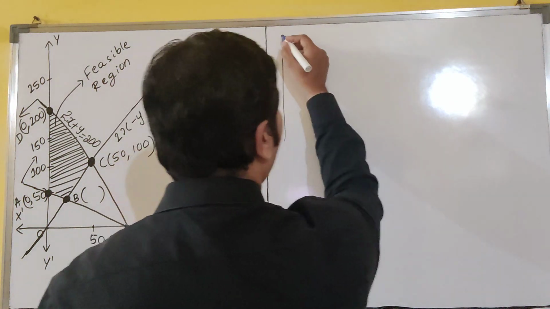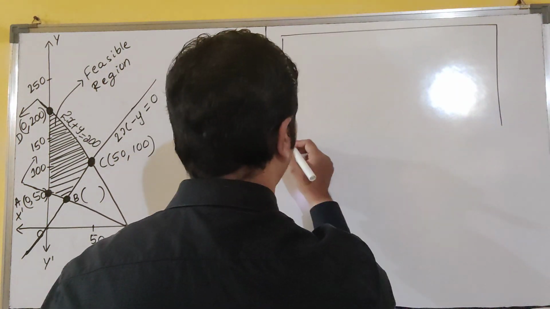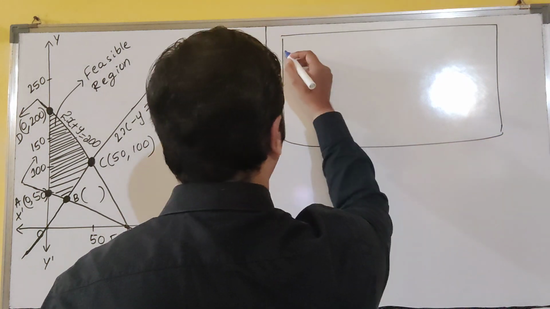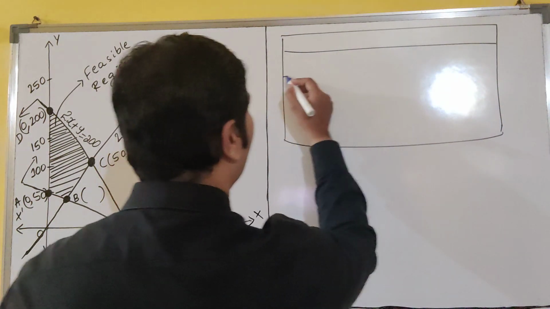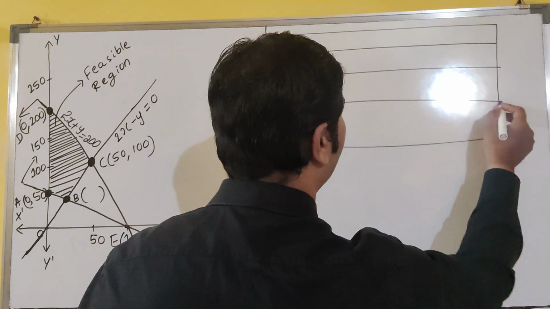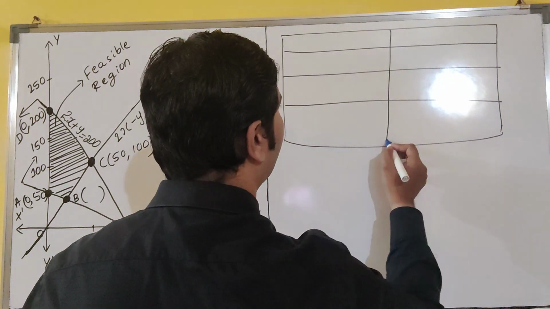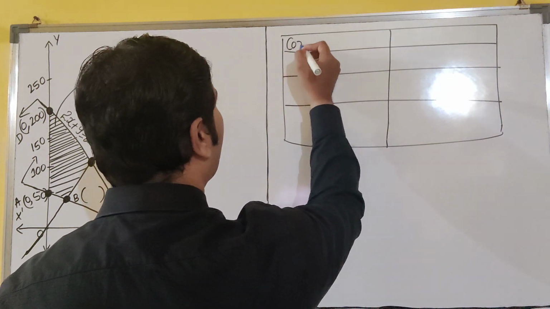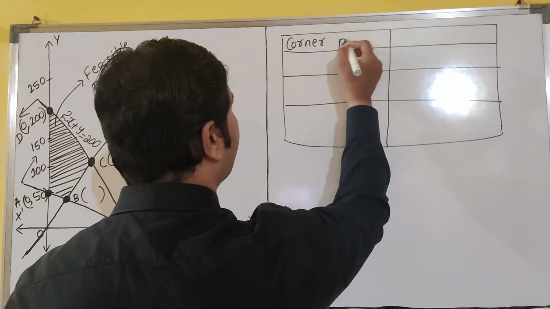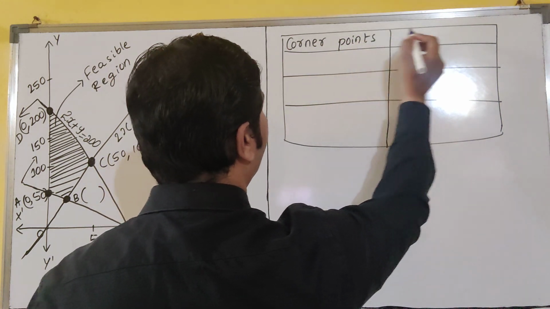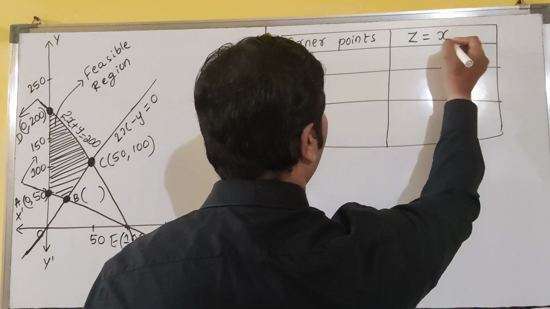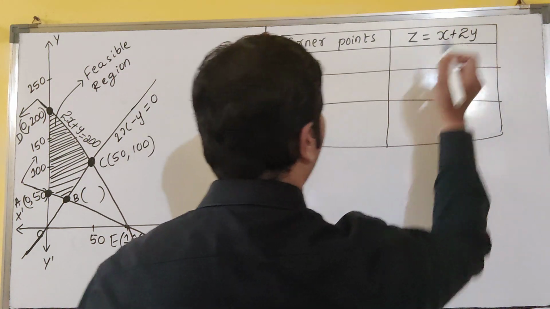Corner points will come now. So now see here. These are corner points. In the exam, you have to write this also, dear students. That is what? x plus 2y. Fine.